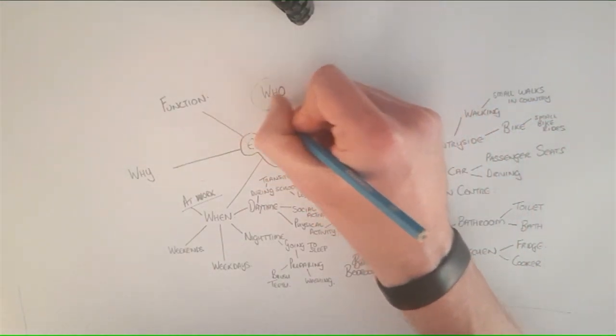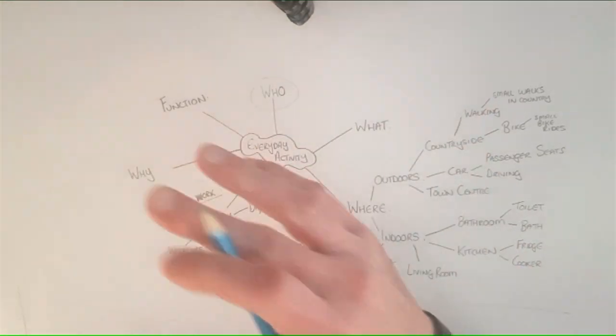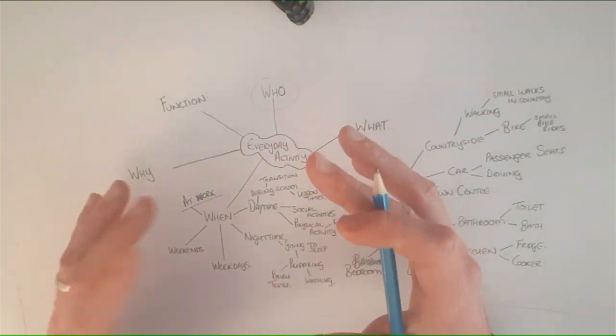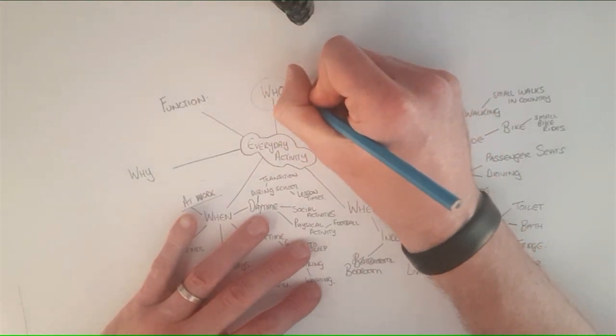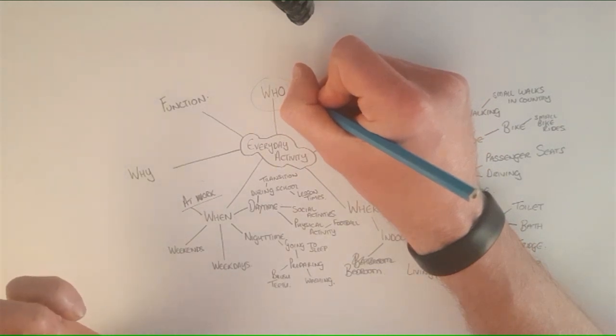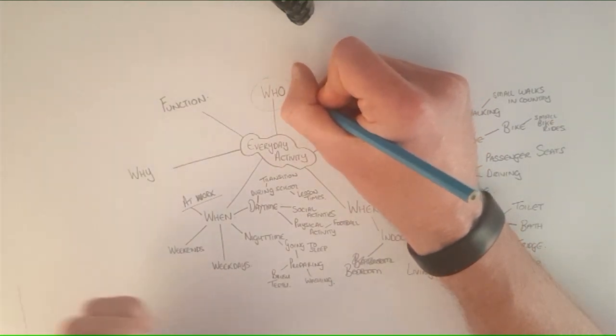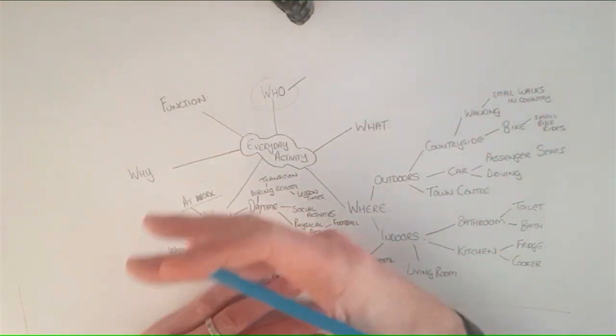When we look at the who, we think about all the different people, so the different age ranges of the people that could be affected by this. It specifically mentions the elderly in that design brief, but we could look into just general people with mobility conditions.